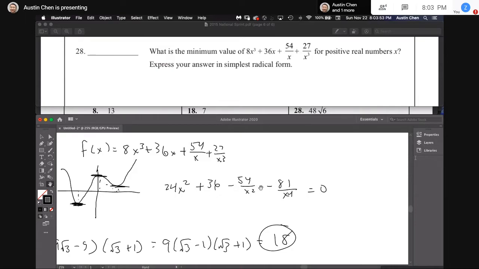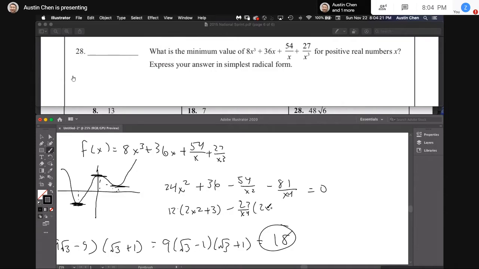So this is not the best polynomial to solve, but if you look at it, you can see that you can actually factor it by grouping. If you group these two, you have 12 times 2x squared plus 3. And then you want the other part to be 2x squared plus 3 as well, so over x to the fourth, this will be 27.